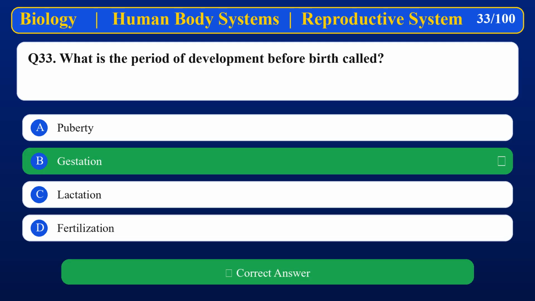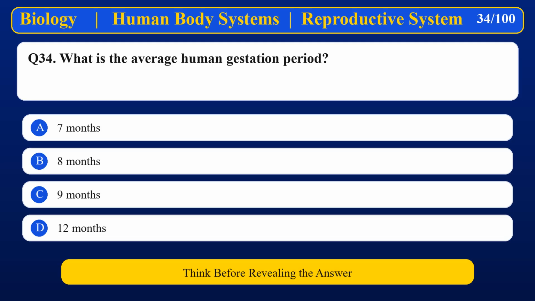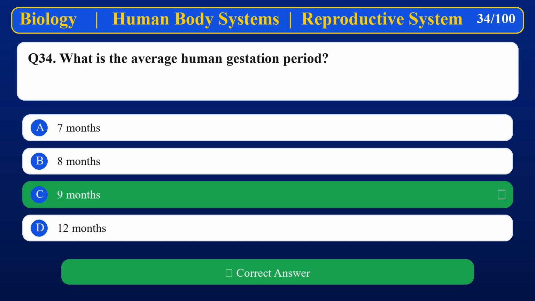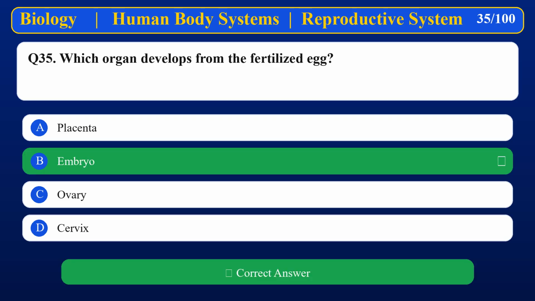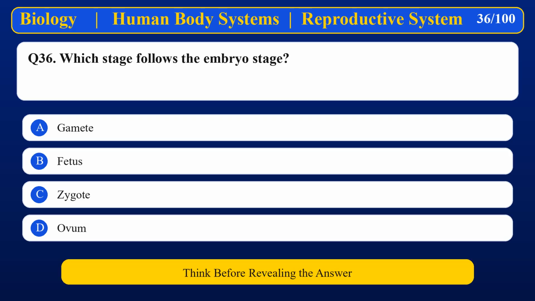Gestation. What is the average human gestation period? 9 months. Which organ develops from the fertilized egg? Embryo.